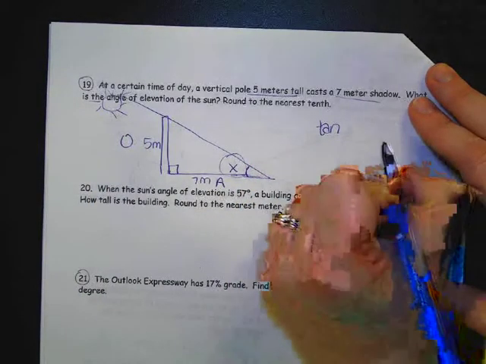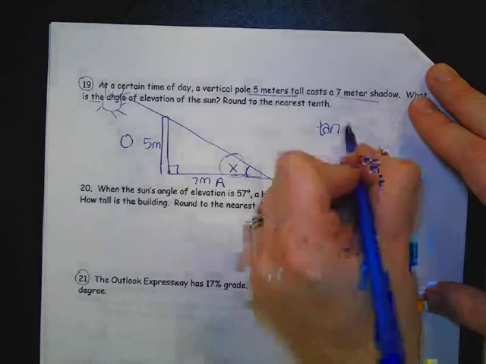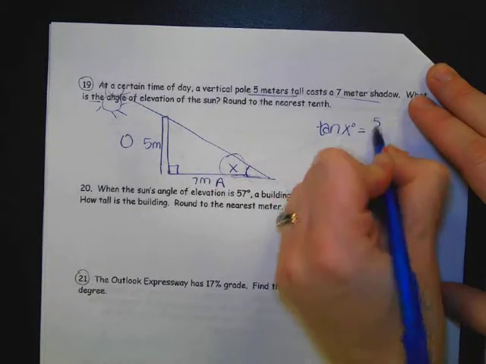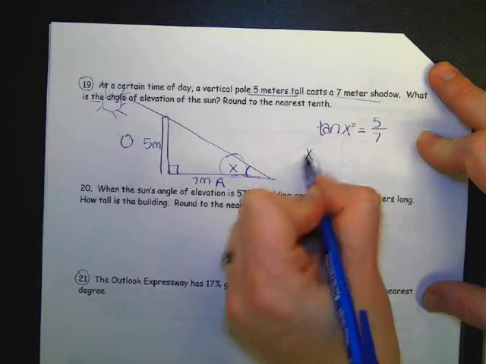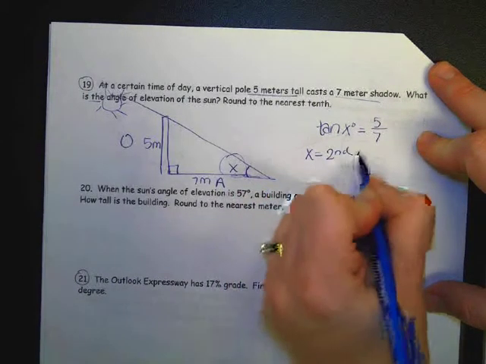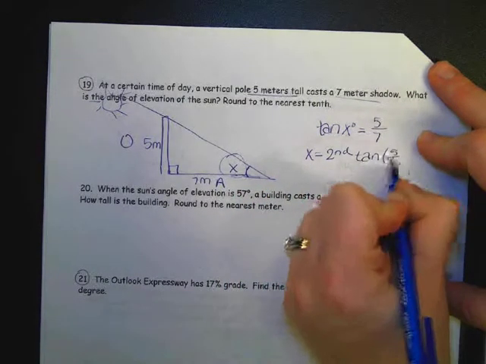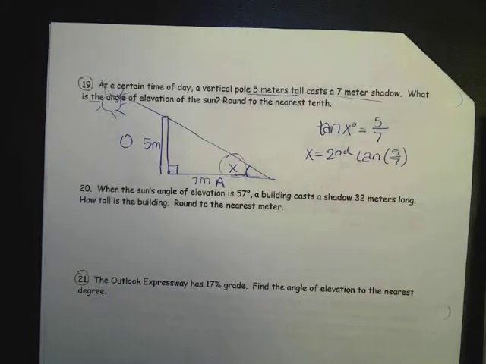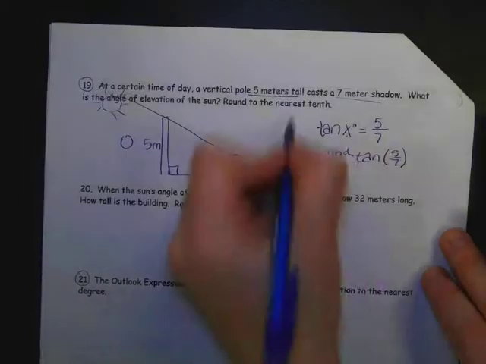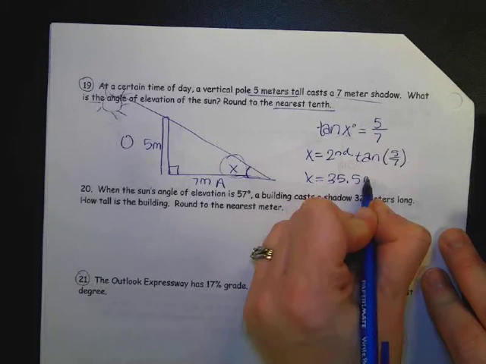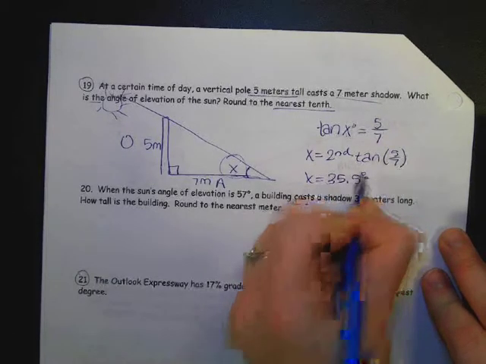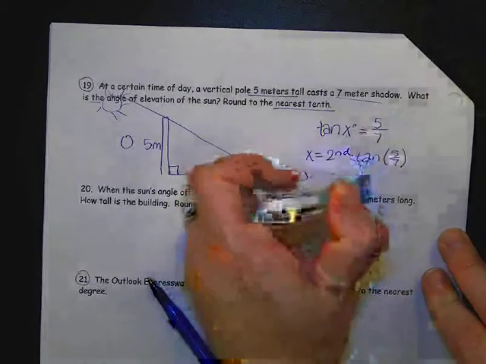So tangent of X equals opposite over adjacent, which would be 5 over 7. Since X is on the tangent side, we need to cancel that out by doing second tan of 5 over 7. And this says round to the nearest tenth, so that would come out to be 35.5 degrees because we are looking at the angle.